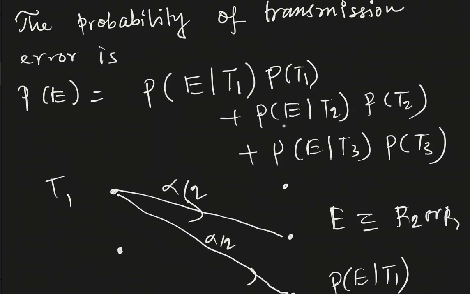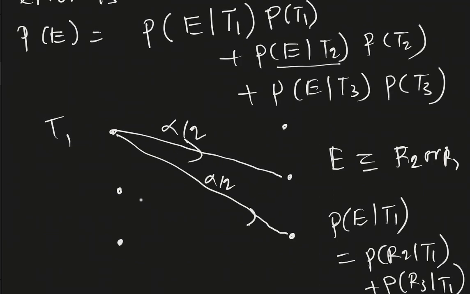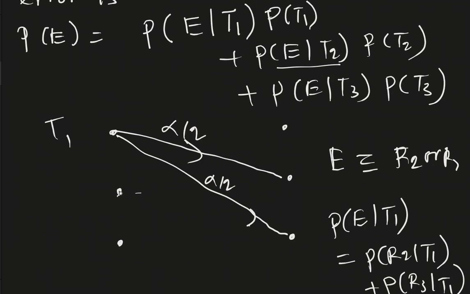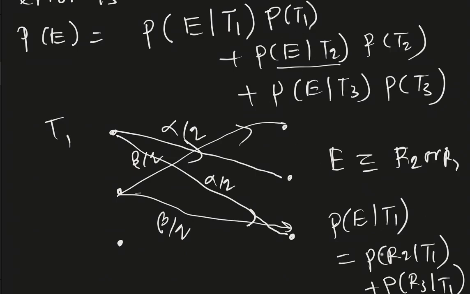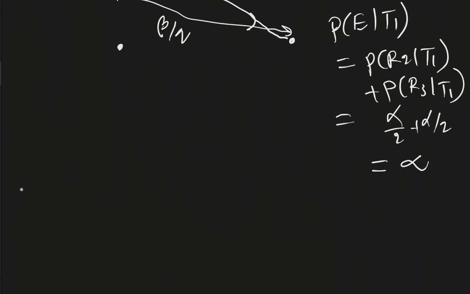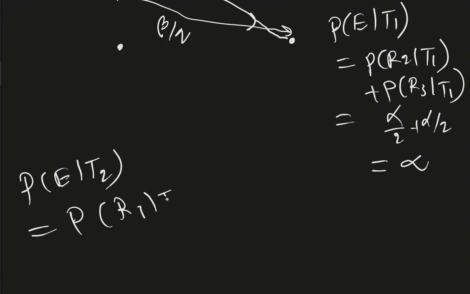Similarly, P of E given T2: the error is either here the signal is going or here the signal is going, and this is beta by 2 and beta by 2, which is beta. Let me write it here also for convenience: P of R1 given T2 plus P of R3 given T2.